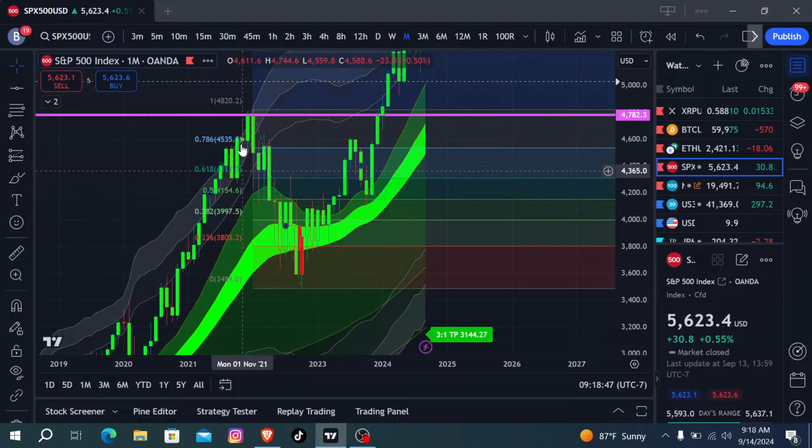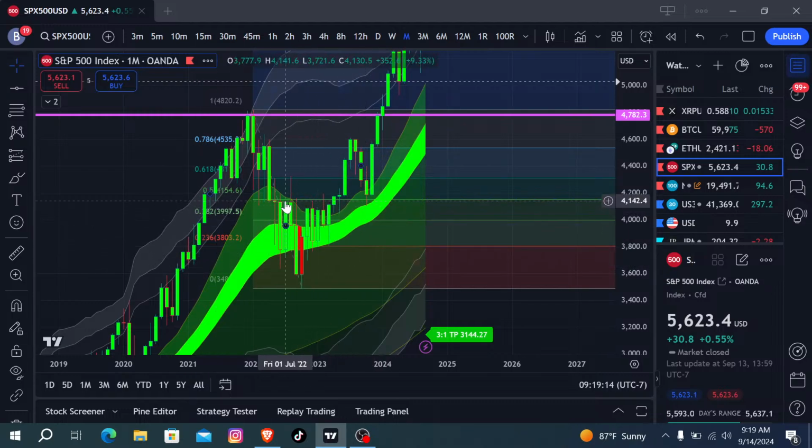And I knew, not because of the Fibonacci, but I knew that breaking this area right here... Oh no, actually, I'm breaking this. Actually, no, yeah, what was it? I think breaking this area here was already bad. Breaking this was very, very bad.